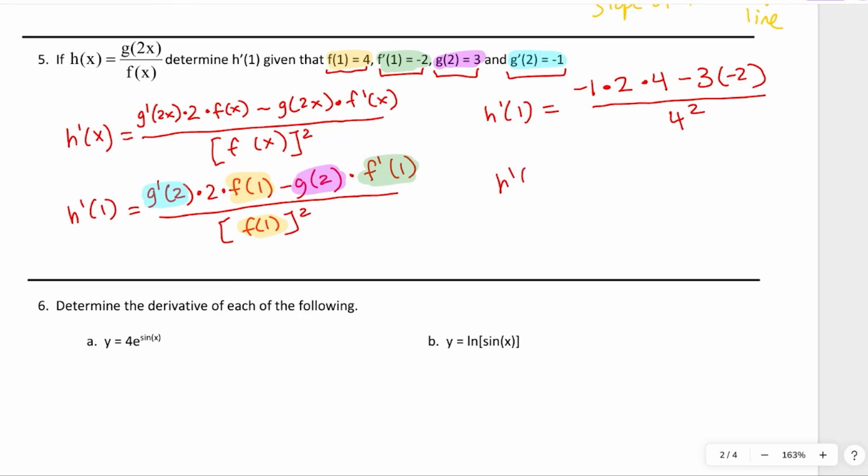Okay, now we got to simplify that. Negative 1 times, well, 2 times 4 is 8. So we have negative 8 plus 6 over 16. So it's going to be negative 2 over 16, which reduces to negative 1/8.